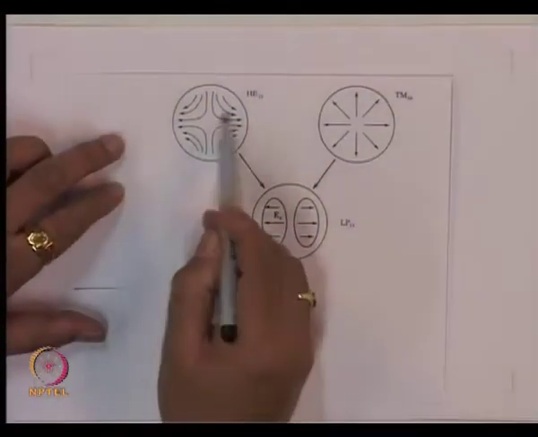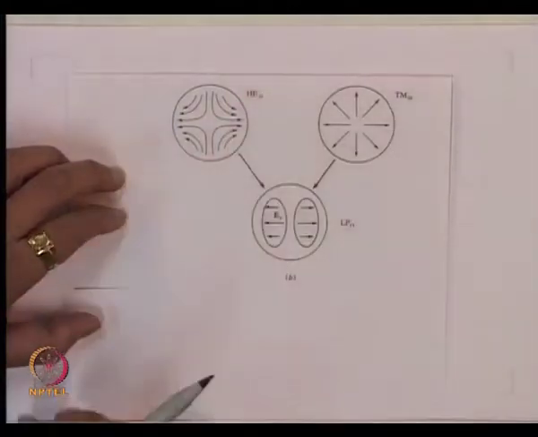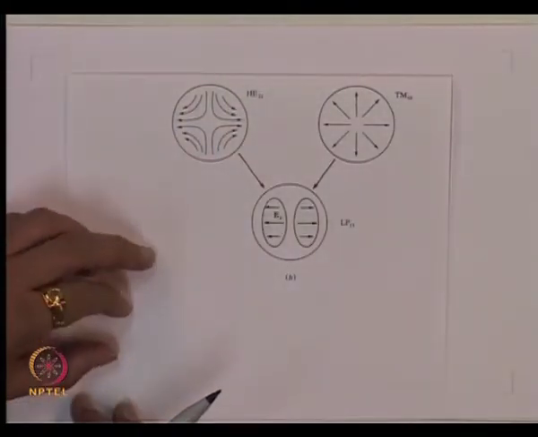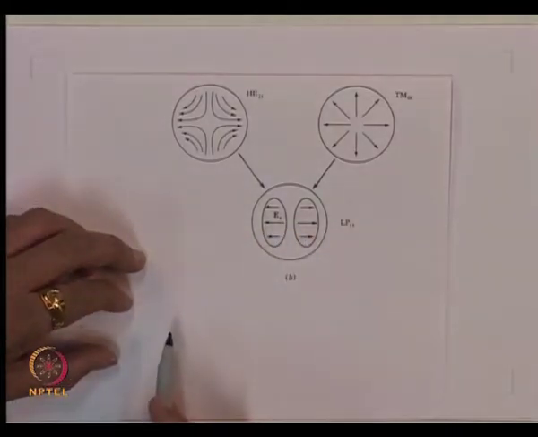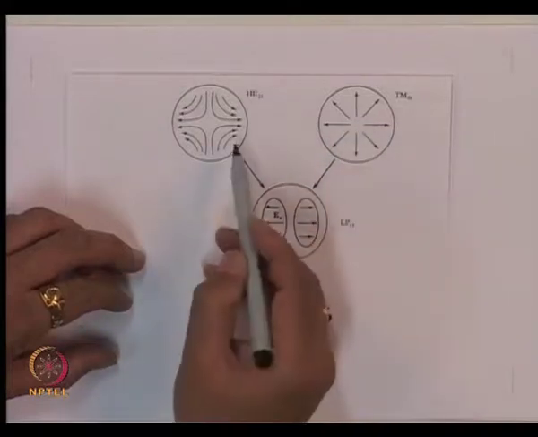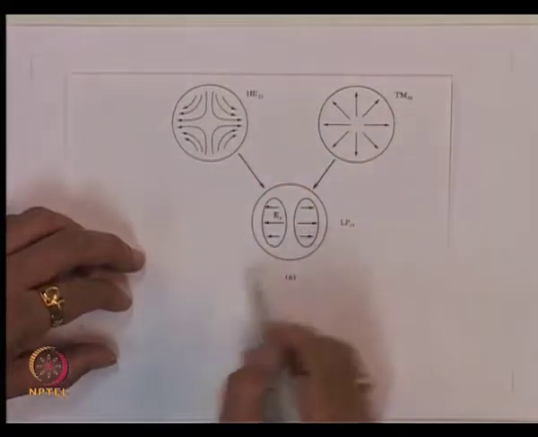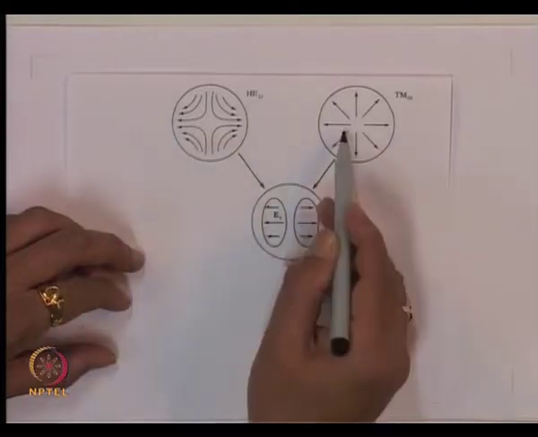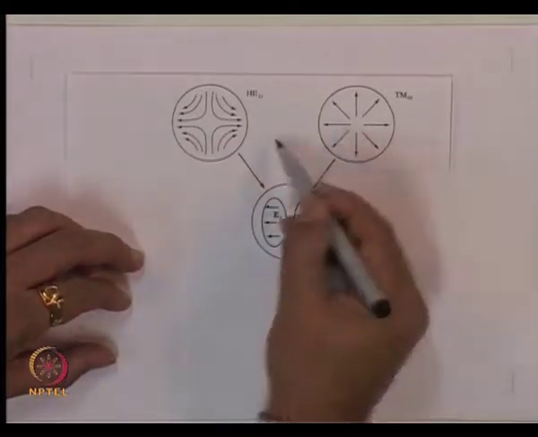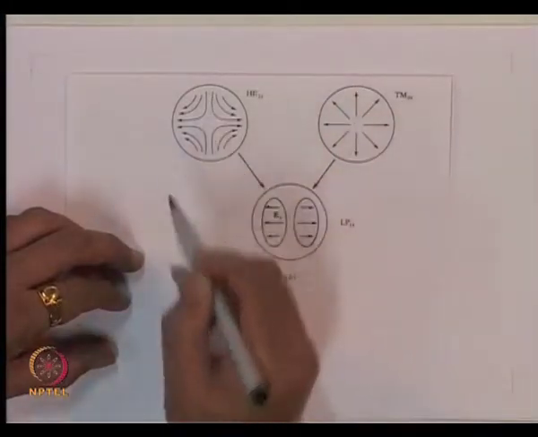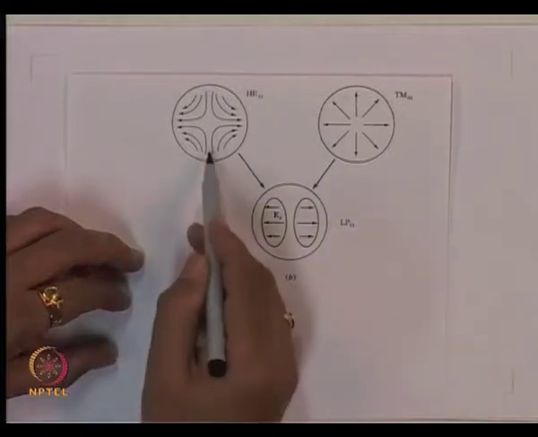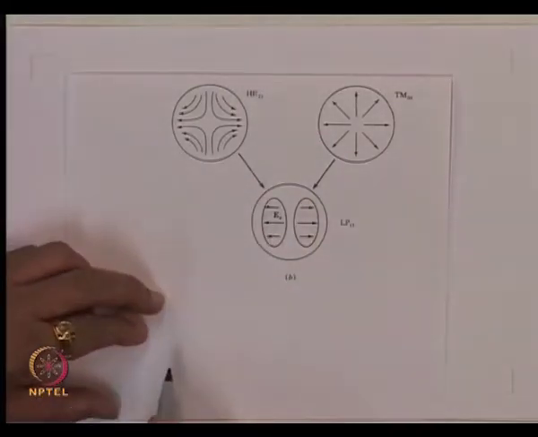Instead of TE01, if I had taken the TM01 mode and again the HE21 mode, with the orientation changed by 45 degrees, you get a combination of these two which will give me a distribution something like this. At this location the fields get added, at this location the field directions are again getting added but in the opposite direction. When we come here, the fields are in opposite directions, this is upwards and this is downwards, so it cancels, and the same thing, there is a cancellation at this location also.